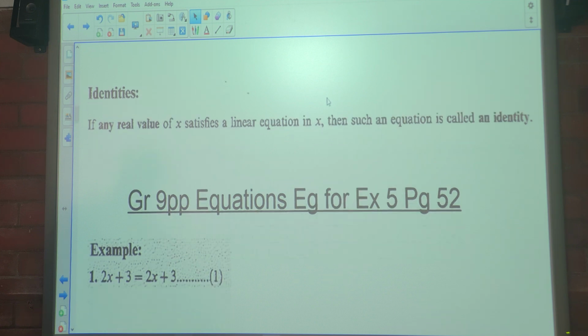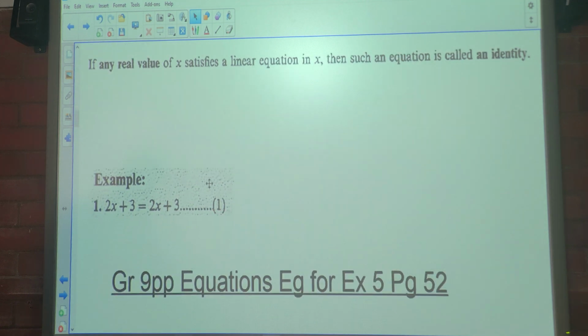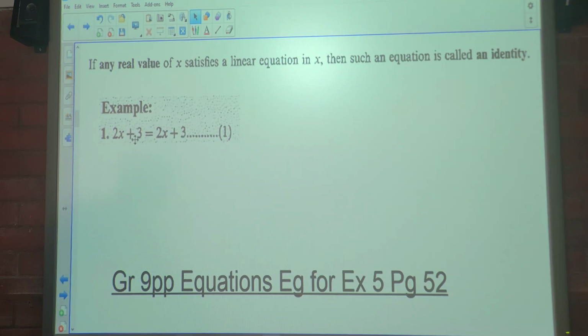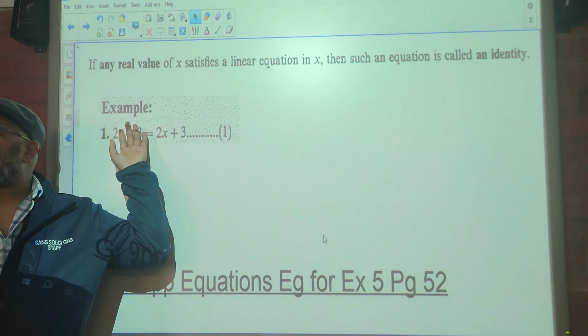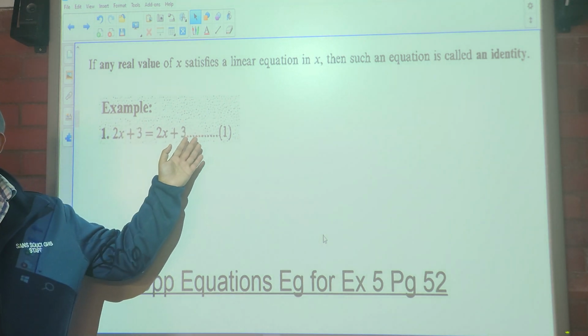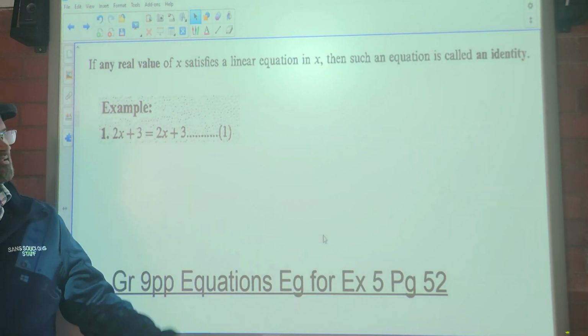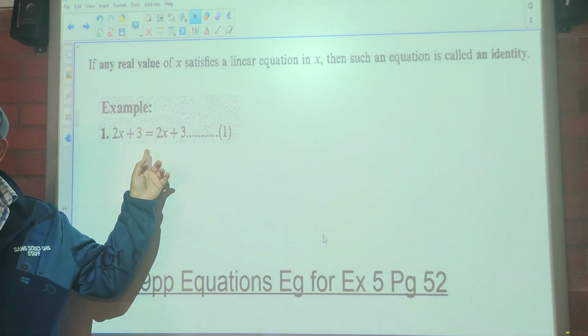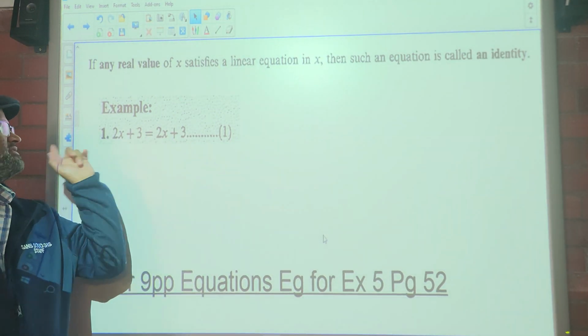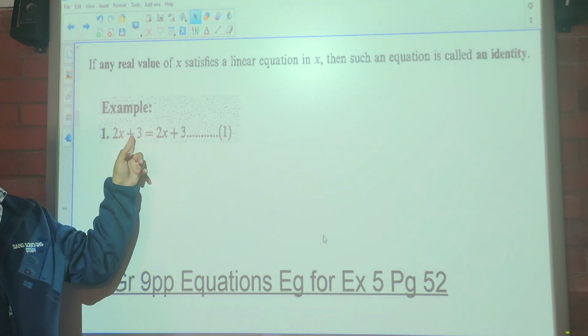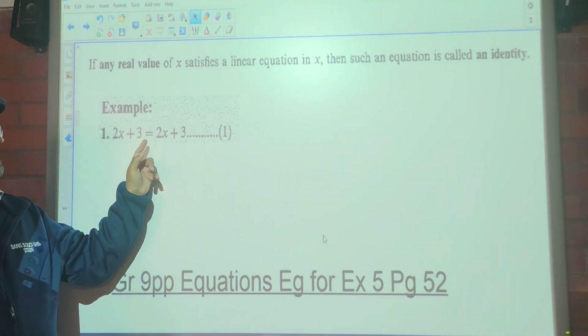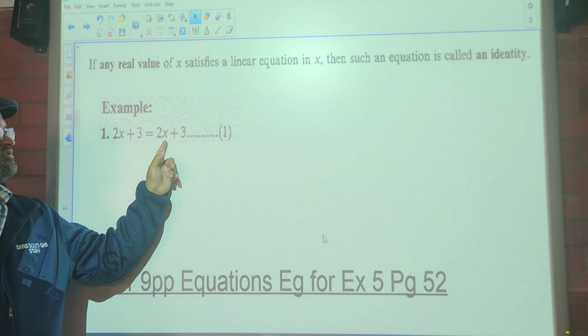An example of identities are as follows here. You see 2x plus 3 is equal to 2x plus 3. Whatever is on the left hand side is equal to the right hand side. So whichever real value you choose for x, it will work here. Choose a value. 1. 1 times 2 is 2 plus 3 is 5.